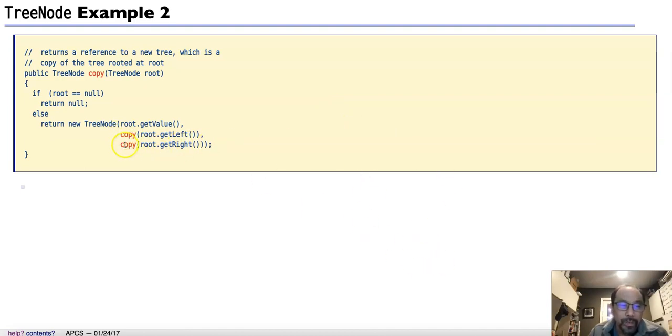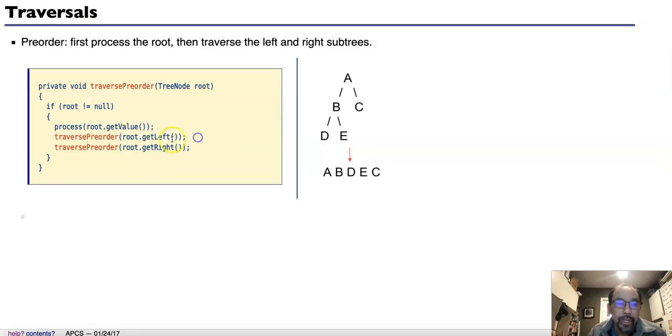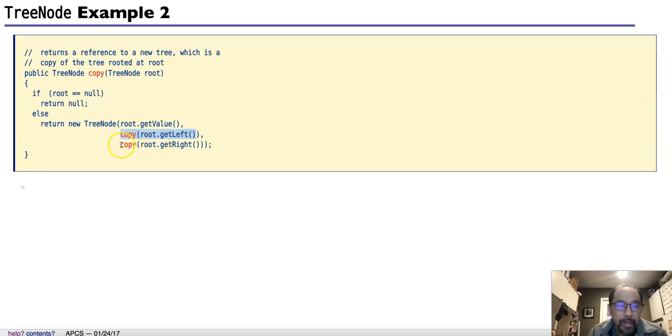So we recursively call it here, trusting that we will receive an entire subtree right here, a copy of the left subtree, and we will have a copy of the right subtree right here.